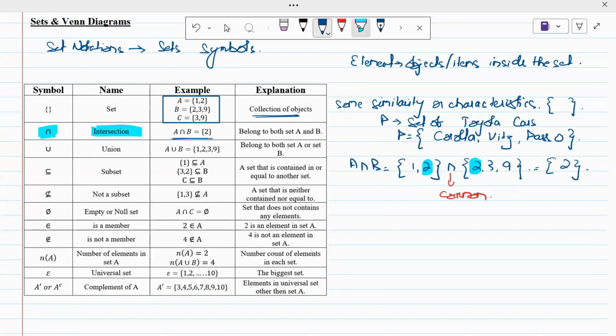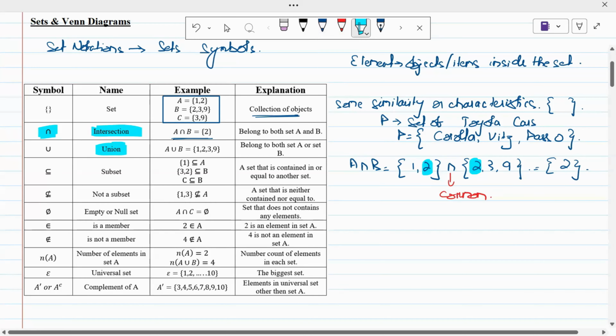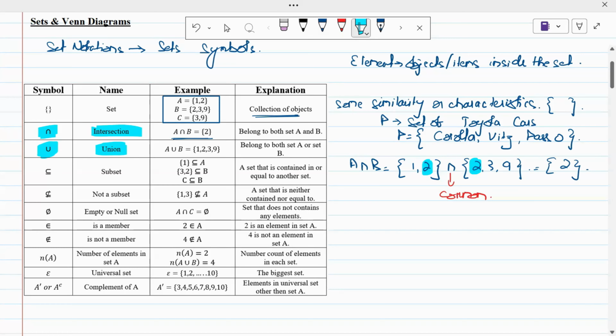Next, we have the symbol union, which is kind of a U, not exactly, but looks similar. Intersection picks up the common elements; union adds or combines the elements. If A union B is to be found, you write the set A first, which is 1, 2, union in between, and then the elements of set B, which is 2, 3, 9.